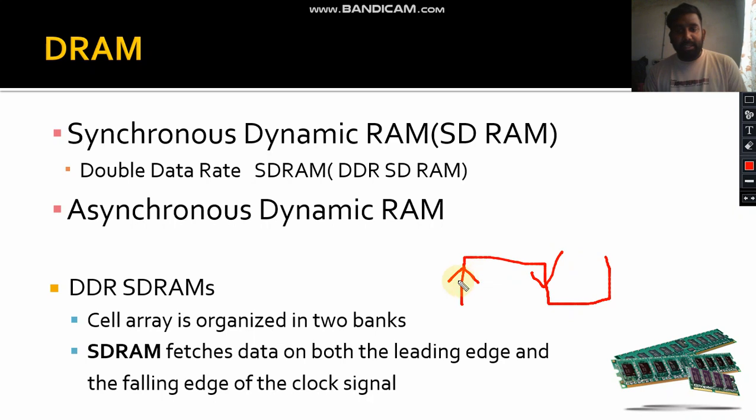If the data is read on both the rising edge and the falling edge, then it is said to be double data rate dynamic RAM. Here the arrangement is also such that it is organized into two different banks, so that one bank is read on the rising edge and the other bank is read on the falling edge.